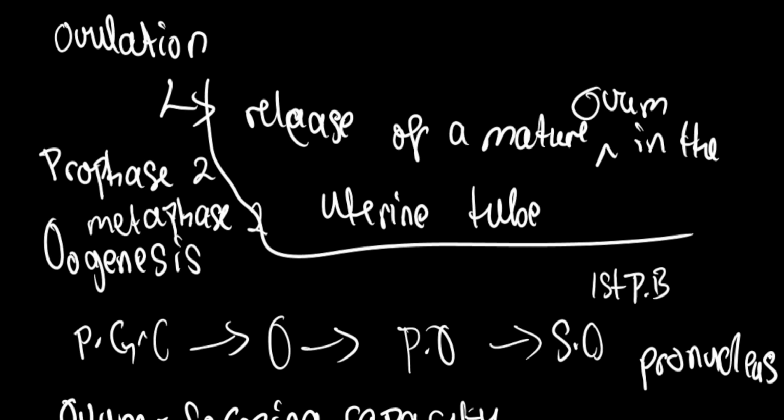So it's actually a secondary oocyte that is released. However, we would stick to the popular opinion of a mature ovum. Put very simply, ovulation is the release of a mature ovum into the uterine tube. We will of course see this elaborately in this video.